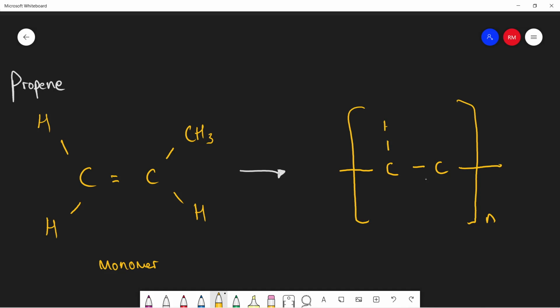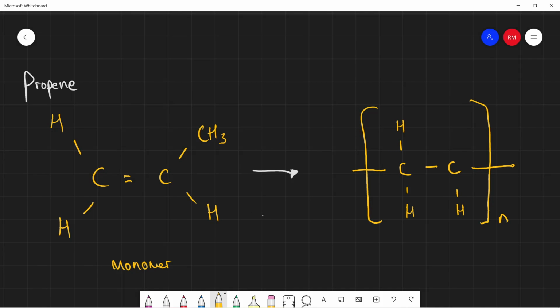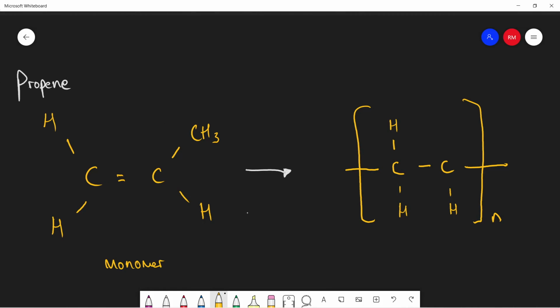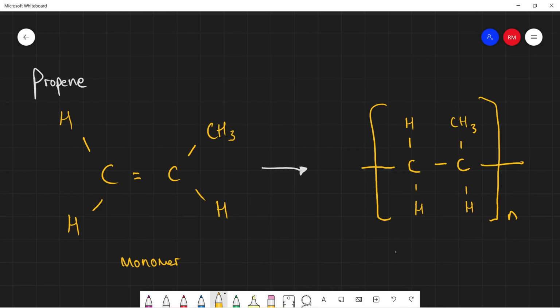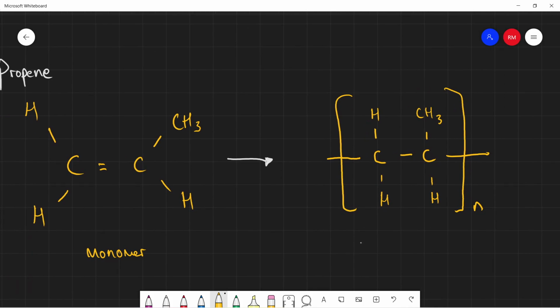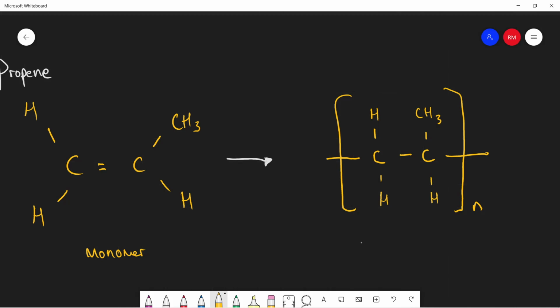So obviously we can fill in our hydrogens here, and this CH3, it can be a bit confusing to start off with, but we know the chain length is 3 carbons long, so we can quite literally just put in CH3 here, and so we have our completed repeating unit of polypropylene.